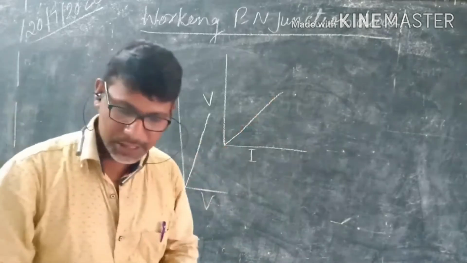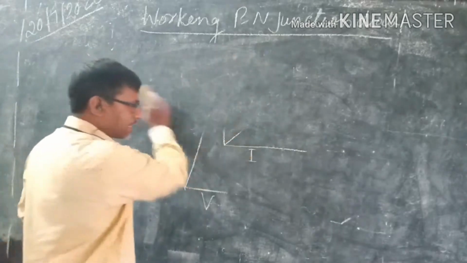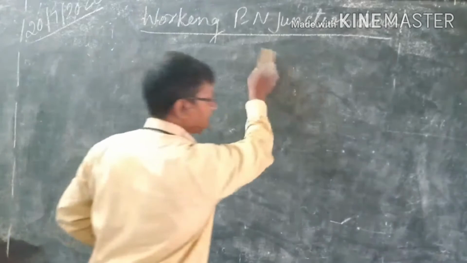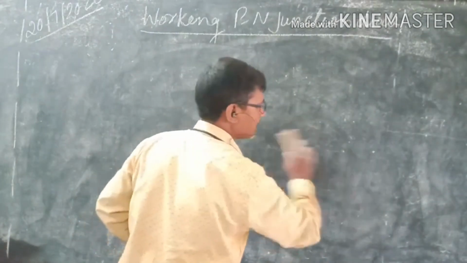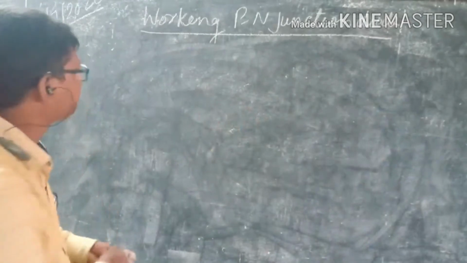But here you will see, for the semiconductor, the characteristics, the IV or VI graph, is not a straight line, means it is non-linear.